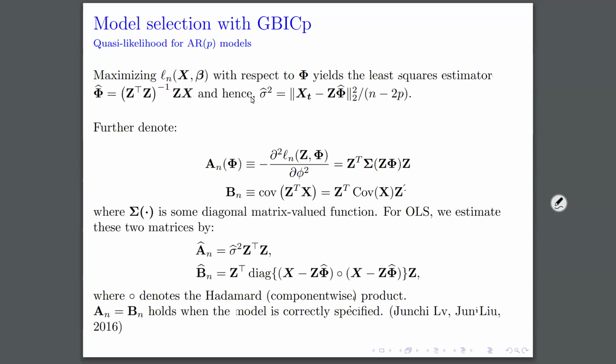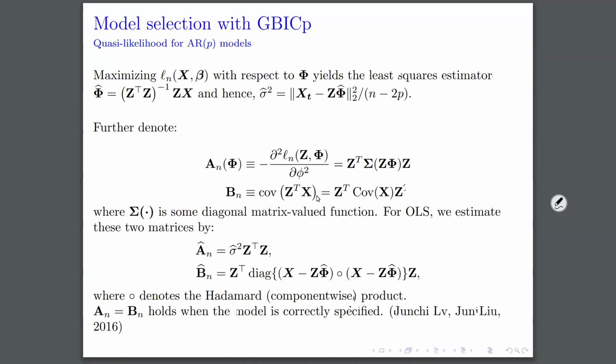And the most important part here is that we further denote two matrices: A_N, which is the Hessian matrix of the log likelihood, and B_N, which is the covariance matrix of the Z transpose X. And this is the outer product form of the Fisher information matrix.